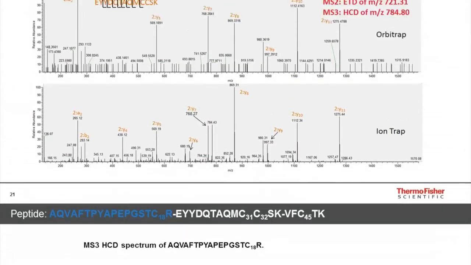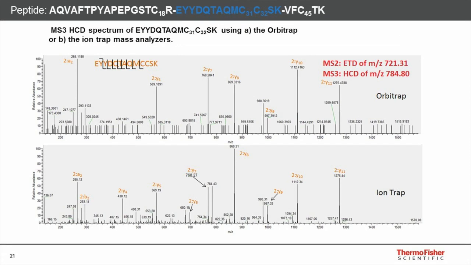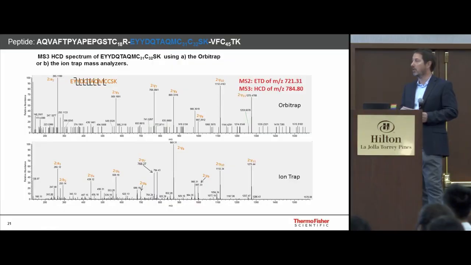Now if we look at the second peptide, this one is a little bit more difficult because to get that peptide by itself, you need to break the 2 disulfide bonds at the same time. So the intensity is a lot lower. I acquired the MS3, one in the Orbitrap and one in the ion trap. At the beginning, when you look at it, you say it's just a few peaks, just noise. I would like to get something better.